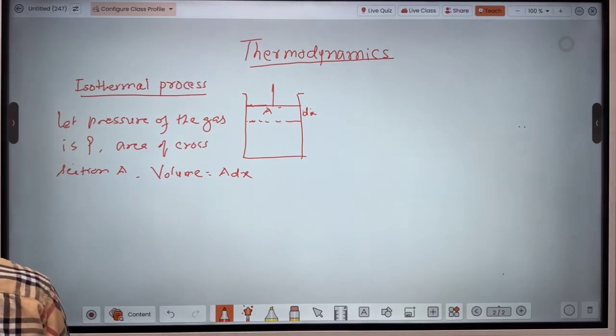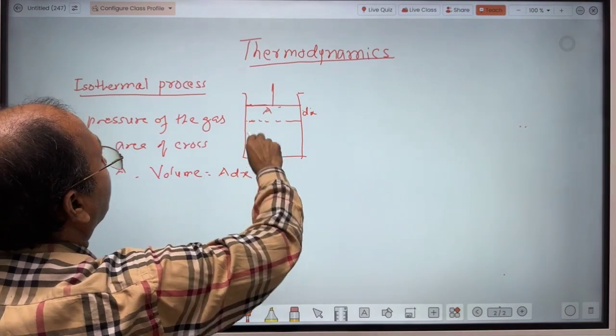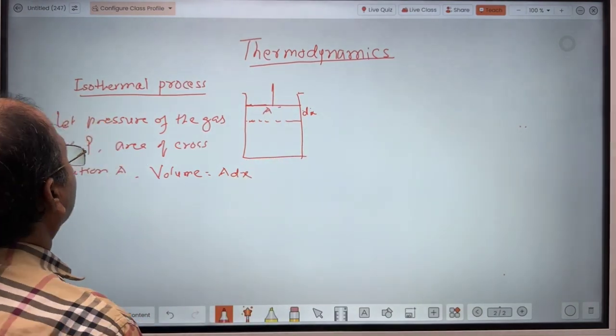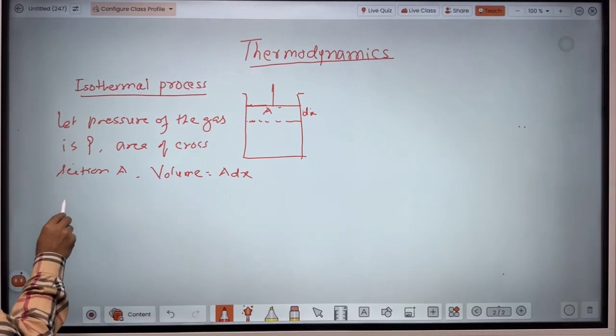Now initially, when it is pulled upward, in that case the pressure will change, temperature remaining the same.